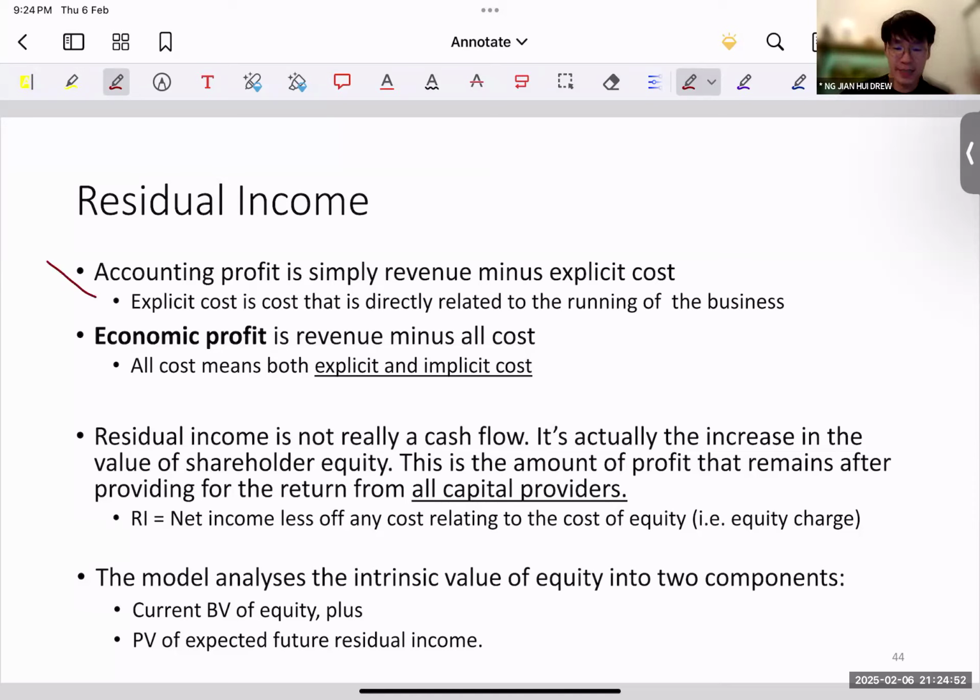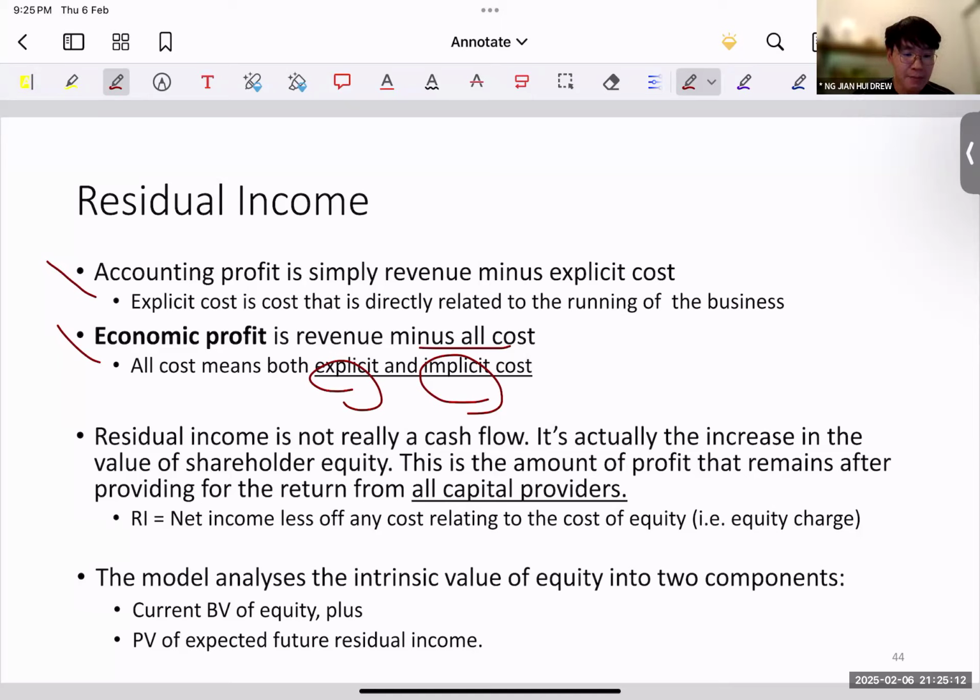Accounting profit is simply based on the explicit cost. We use the economic profit model in the sense of both implicit and explicit, minus all costs involved. So it's just what I already explained. If you understand that, then it's just written down nicely.